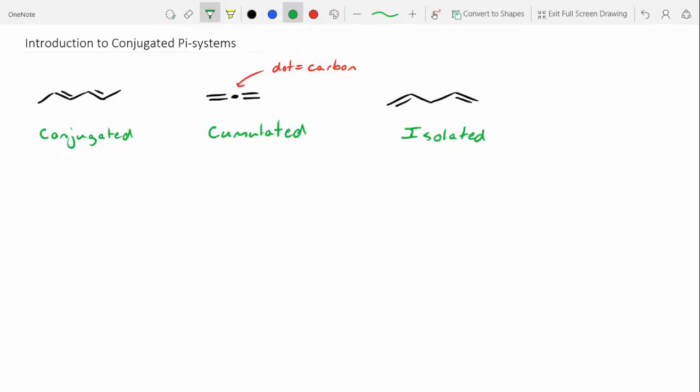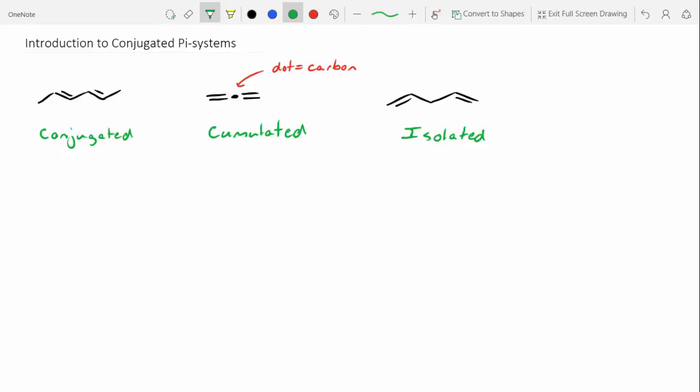So the main question is, why are conjugated systems unique? Does anybody have an idea? Resonance, right? So conjugated systems have a huge amount of resonance. If we look at the cumulated system, why isn't there resonance in a cumulated system? Remember that central carbon has one p orbital going in and out of the board and one going straight up and down, so they actually can't crosstalk to one another.